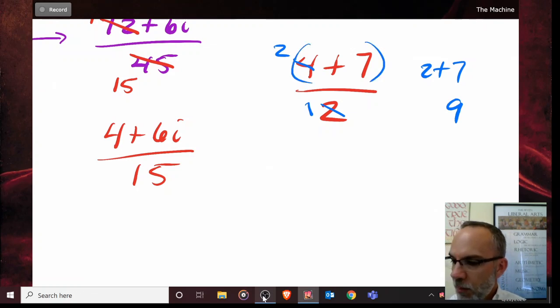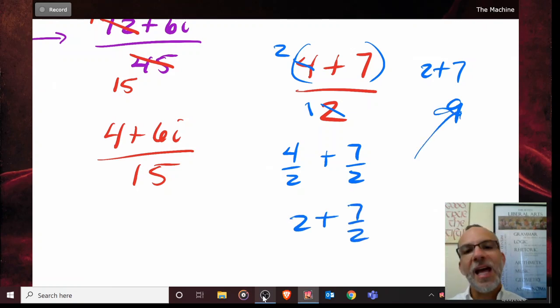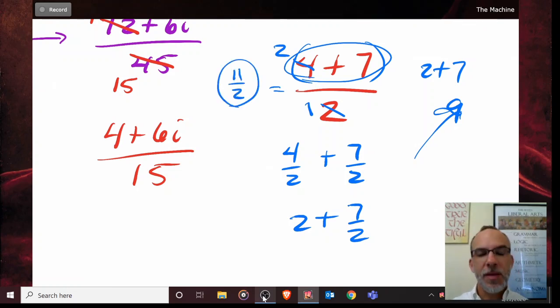The 4 might cancel with the 2, and it would leave you 4 over 2 plus 7 over 2, which would be 2 plus 7 halves, but that's not 9. It's everything divided by 2. The best way to do this is just work it as a group. 4 plus 7, 11 over 2. That doesn't simplify. Be mindful of canceling illegally with fractions.